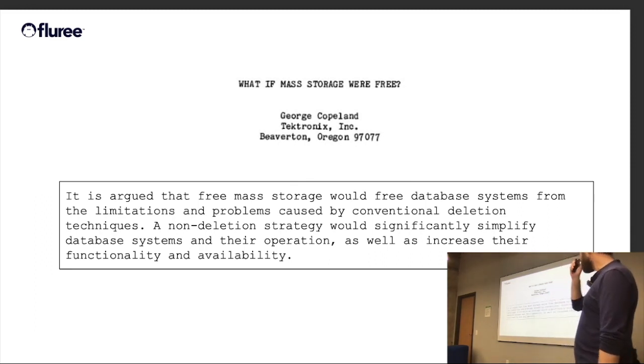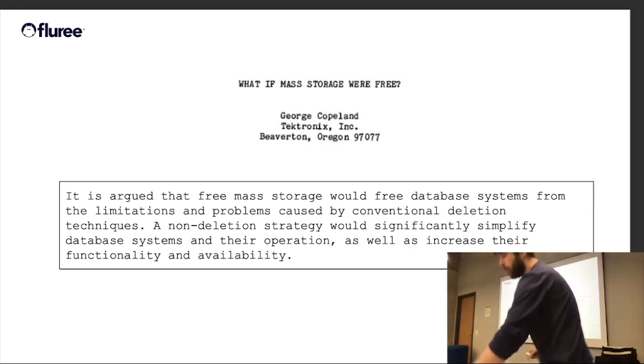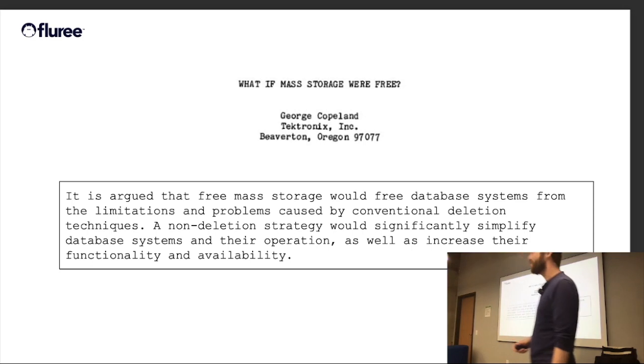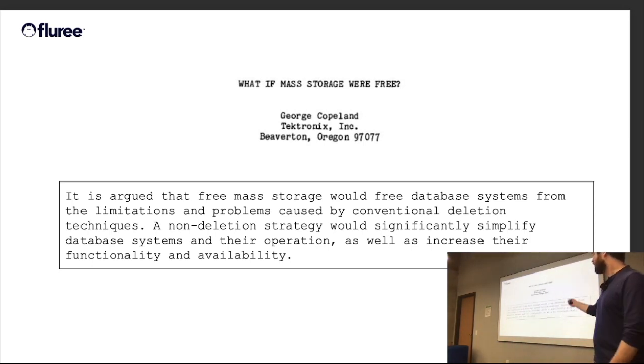This is a paper from 1980 by George Copeland, and he writes, "What if mass storage were free?" And this is the paper. It's very short. I highly recommend reading it. It's very readable and succinct, a fun read, if you will. But I'm just going to read this segment. He says, it is argued that free mass storage would free database systems from the limitations and problems caused by conventional deletion techniques.